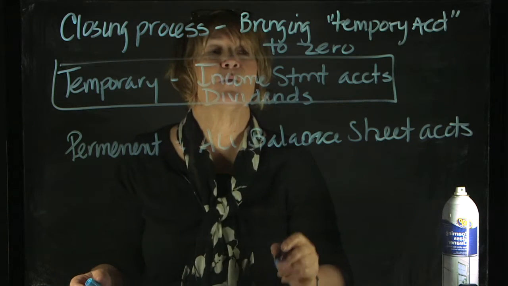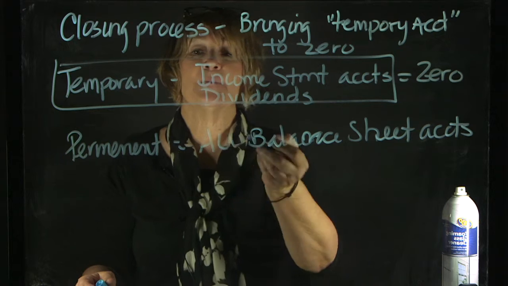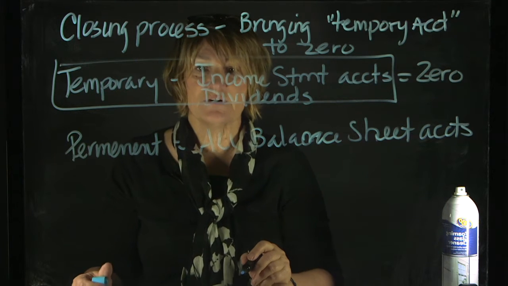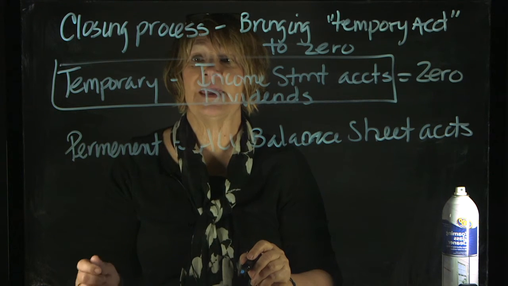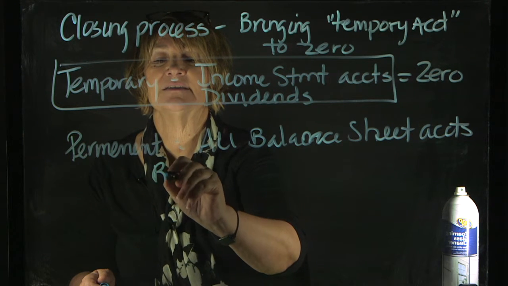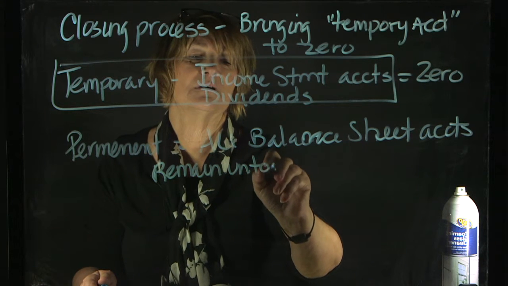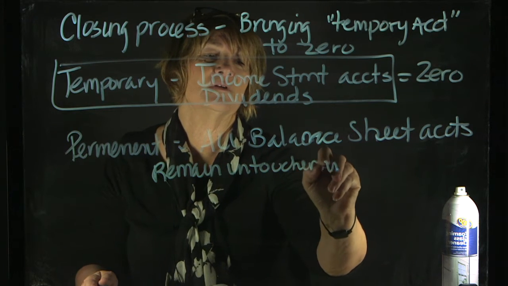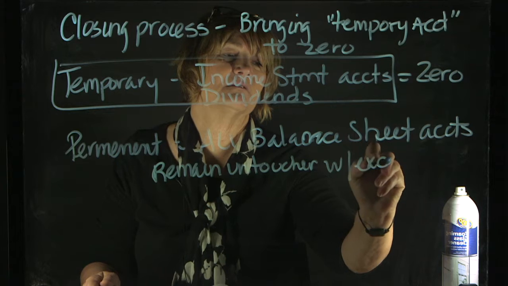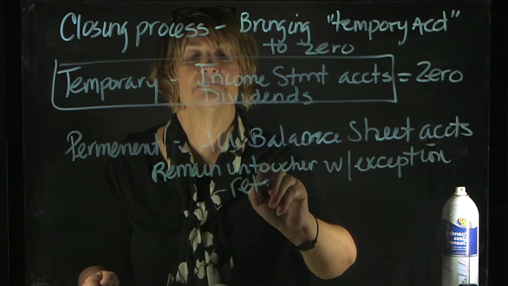These are the ones that we're going to make zero. And the balance sheet accounts, with the exception of retained earnings, remain untouched. So they remain untouched, with the exception of retained earnings.